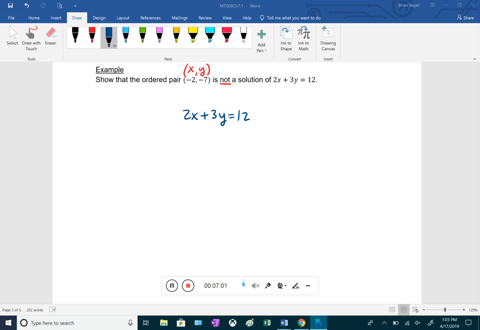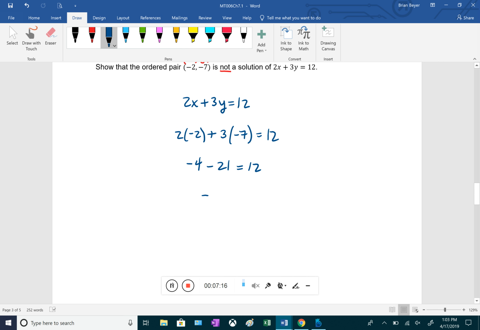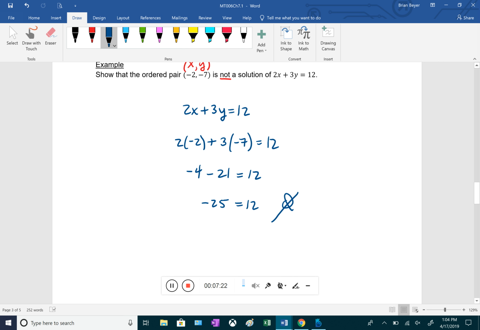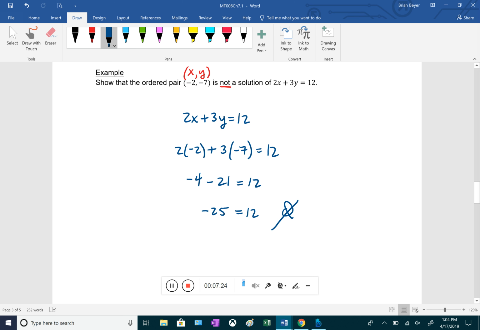Plugging in a -2 into x and a -7 into y, and then simplifying the left-hand side, that's -4 minus 21 equals 12. That gives us -25 equals 12, which obviously is not true, so I just put a little x like that, saying that that's not true. Since we did not get a true statement, this ordered pair is not a solution.